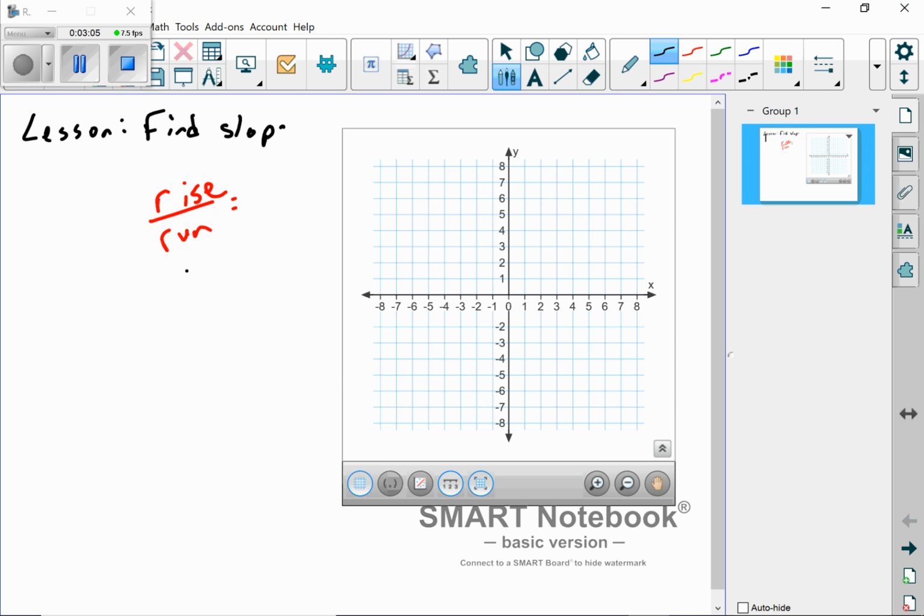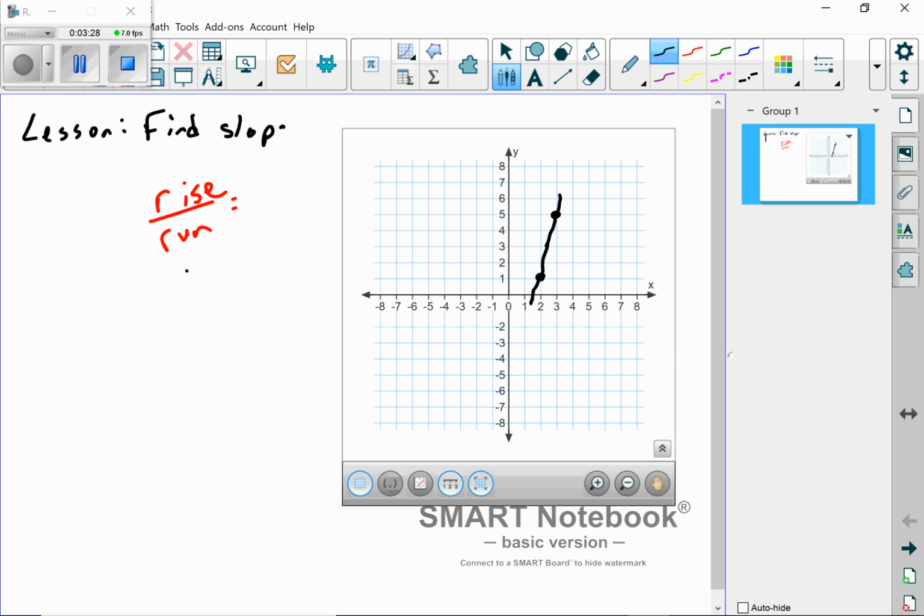All right, so let's say that we have something like this. You have a point again at (2, 1), and this time you got a point at (3, 5). And I want to find the steepness of this line. Now this is a much steeper line. I can't draw it straight. Again, this tablet's not the best. All right, so there's my line. I'm counting blocks from point to point.